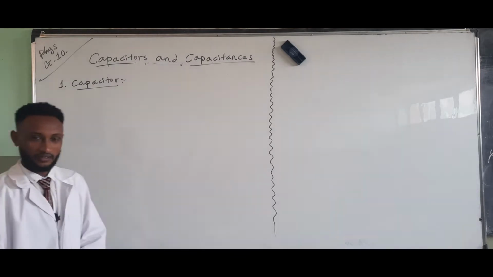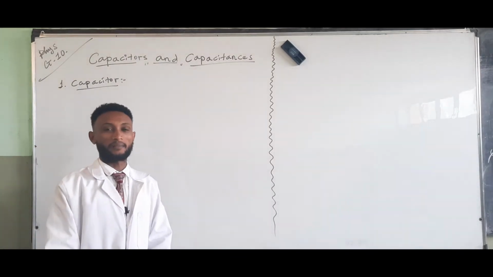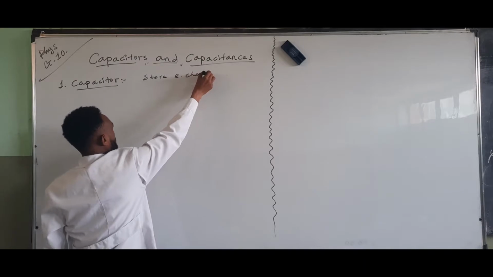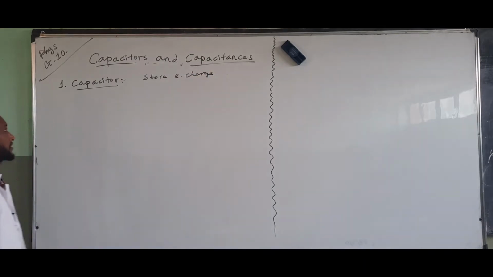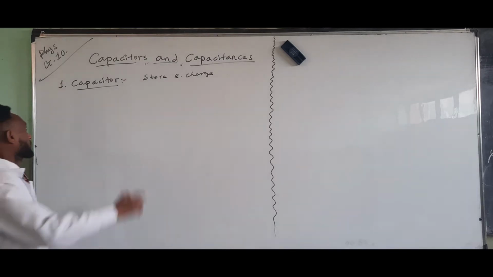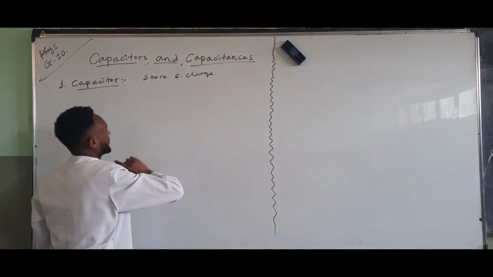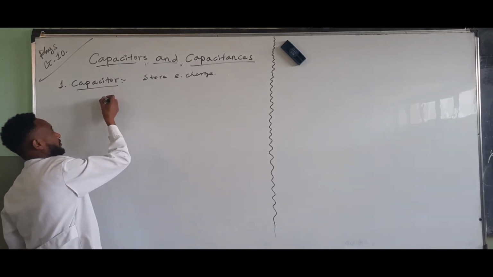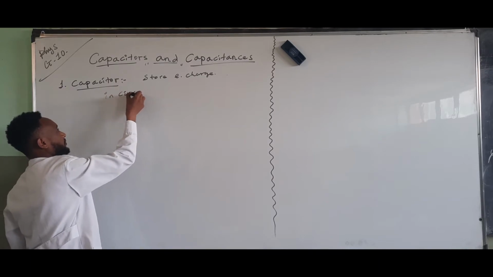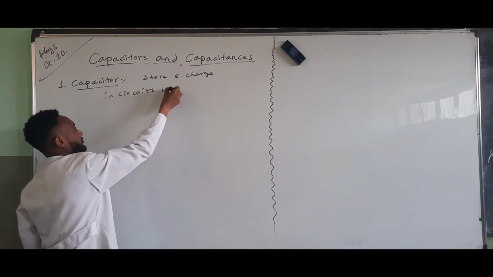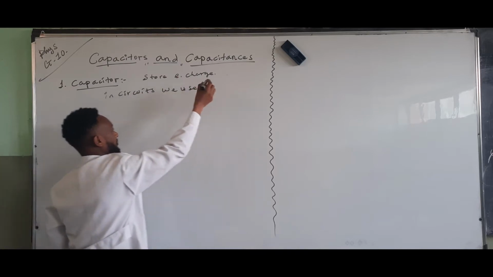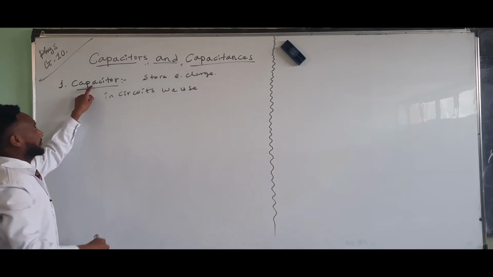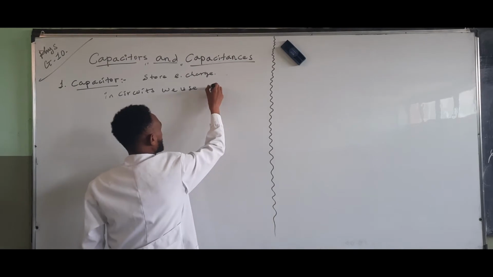A capacitor is a device used to store electric charge. In electrical circuits, we use a symbolic representation for the capacitor, which looks like this one.